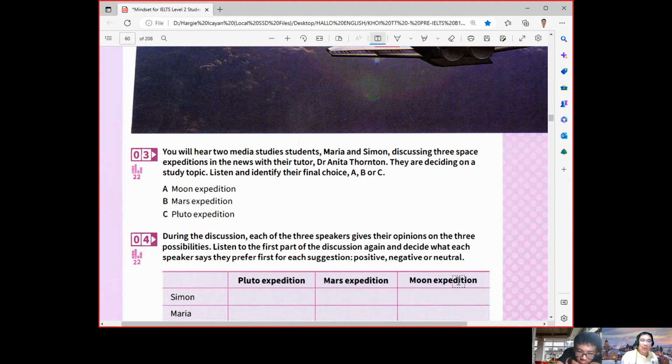Okay. So there would be a lot of topics they were able to mention, right? And those topics are mentioned in here. Pluto expedition, and they were able to explain one by one what the Pluto expedition is all about. According to their discussion, the Pluto expedition has been done already.